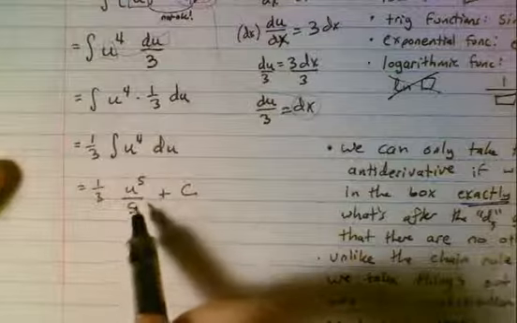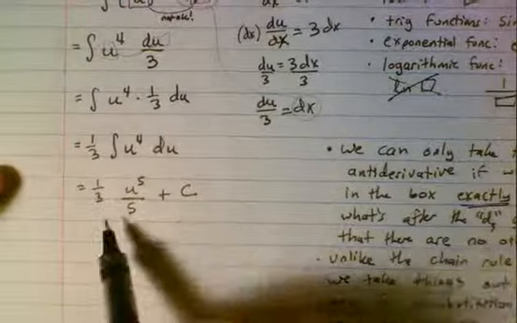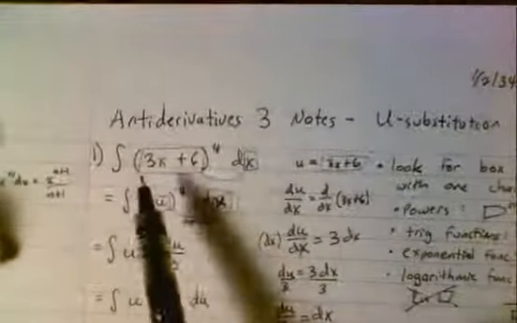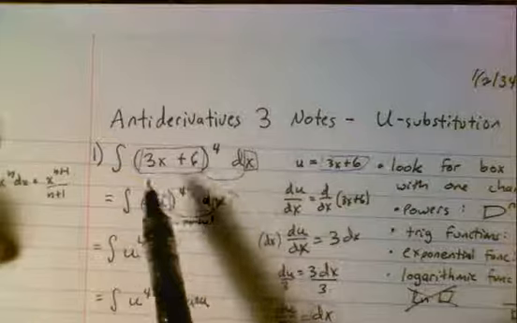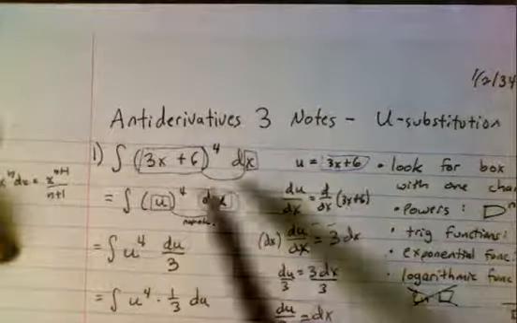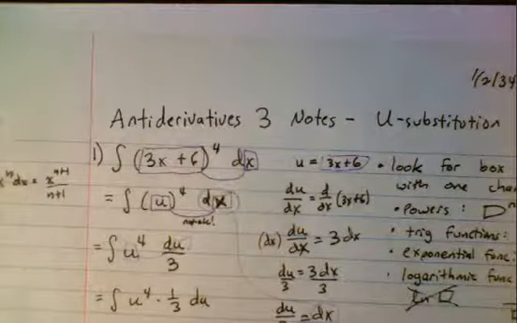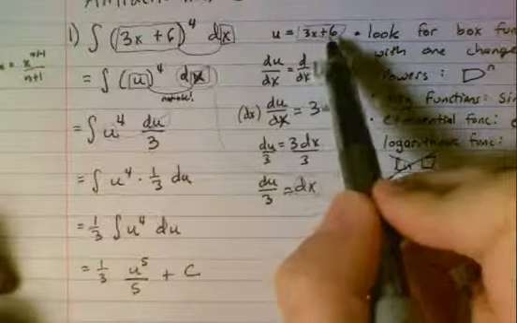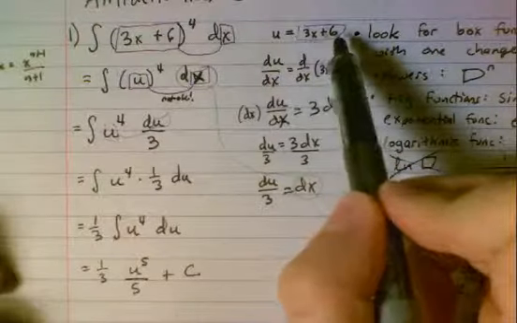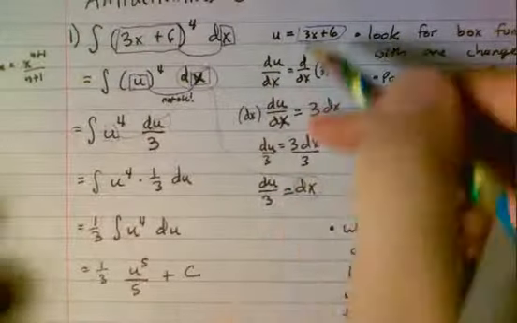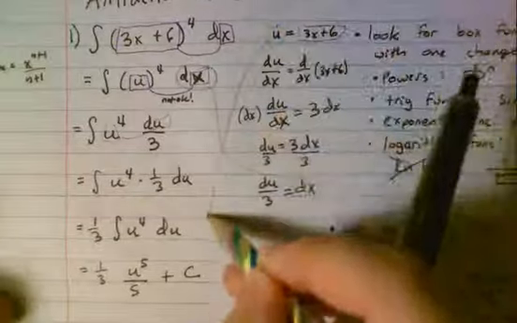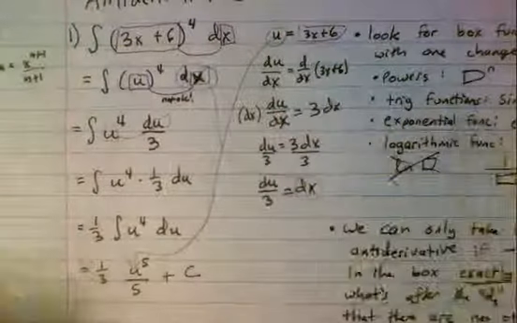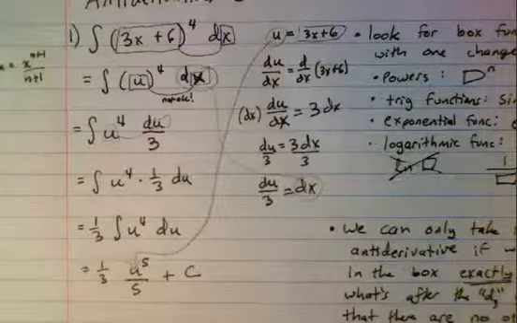Now at this point, I'm done taking the antiderivative, but when I started off I didn't have a u, I had an x. And I want to make sure that I end with the same variables that I started with. So one of the things that we see here is that u equals 3x plus 6. So I can just take this 3x plus 6 and stick it right back in there.